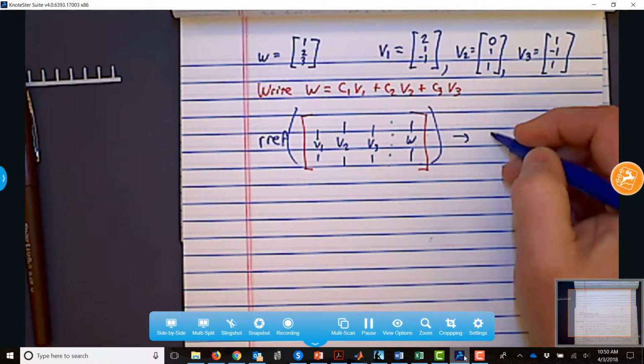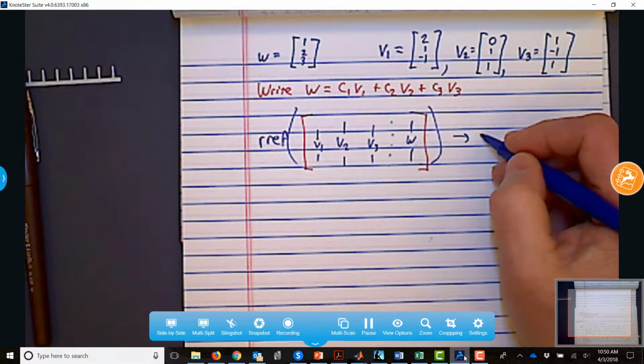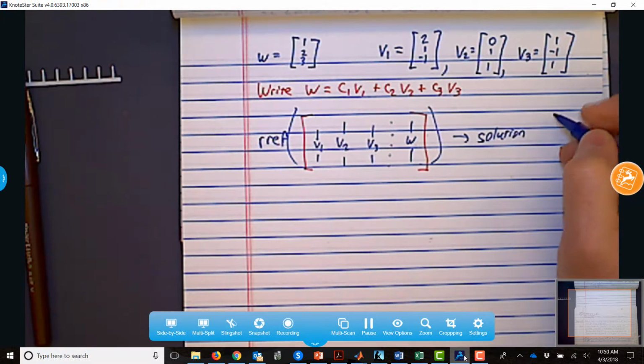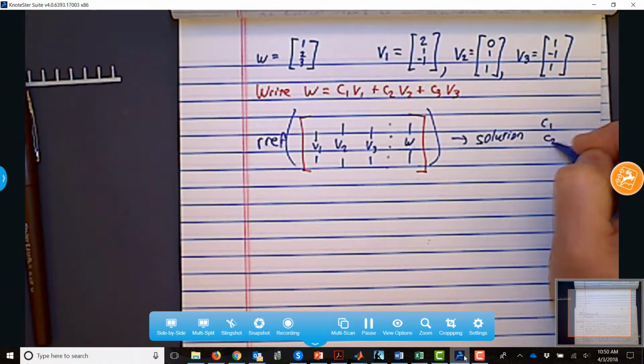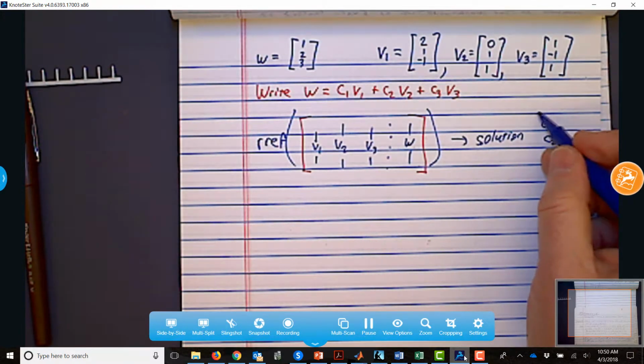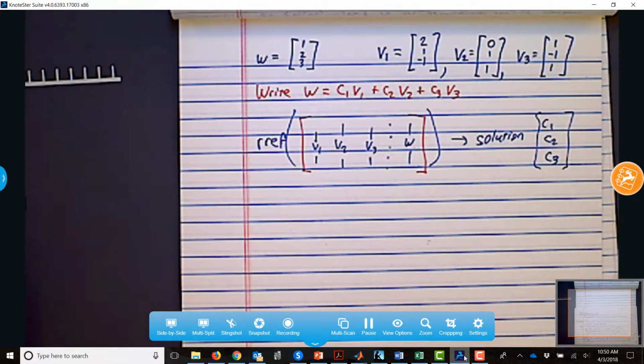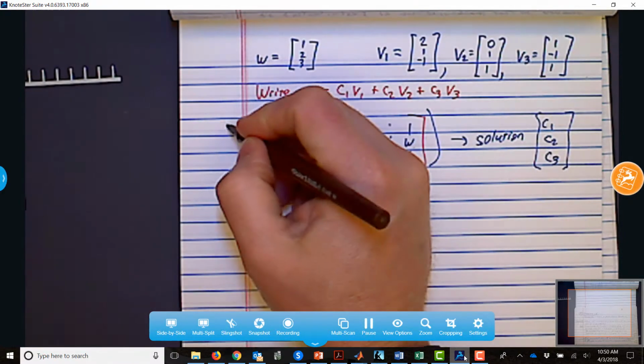And then you get the solution. And the solution will give me C1, C2, and C3. That was like the theme of the first half of the whole course. That's like an augmented matrix. Yeah, this is the old way of doing it, okay? Now I have a better way. So this is the old way.